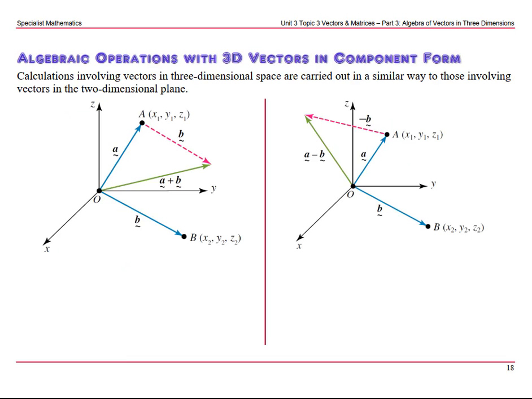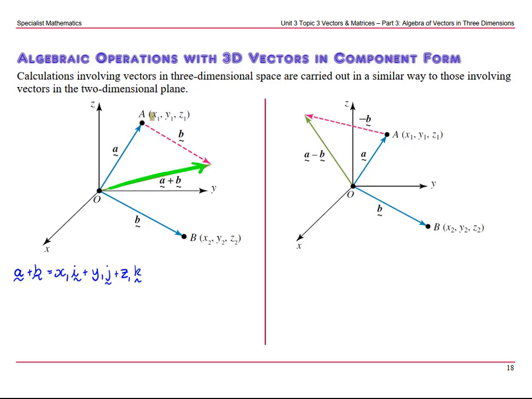So algebraic operations with 3D vectors in component form. Similarly to our two-dimensional vectors, we just add the corresponding values. So for the first one, we are going to work out A plus B. So A plus B is equal to vector A, which would be x1i plus y1j plus z1k.